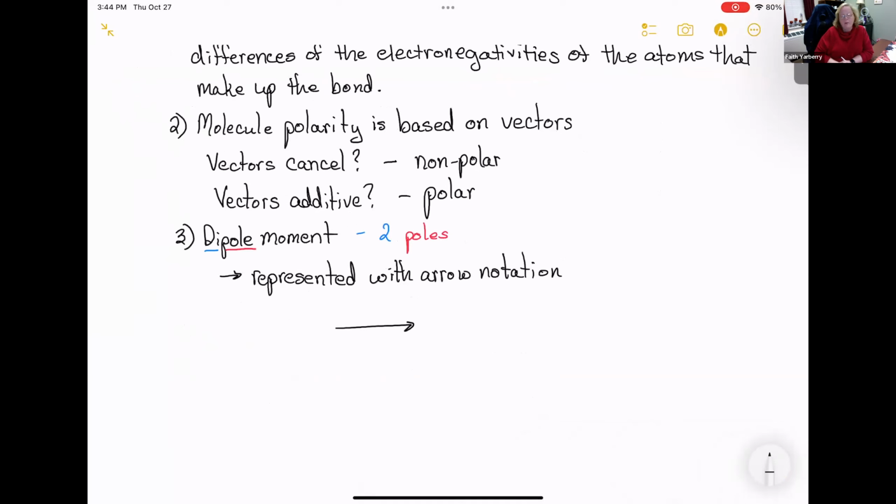It doesn't really matter. We use this arrow notation anytime there's some type of dipole moment. The arrow we use is a normal arrow, but on one end it has a cross.